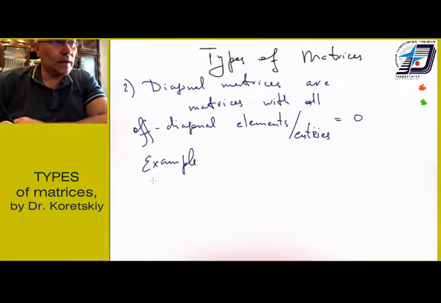We can say that a 1 by 1 matrix is a diagonal matrix because the only element a11 equal 1 is not 0.